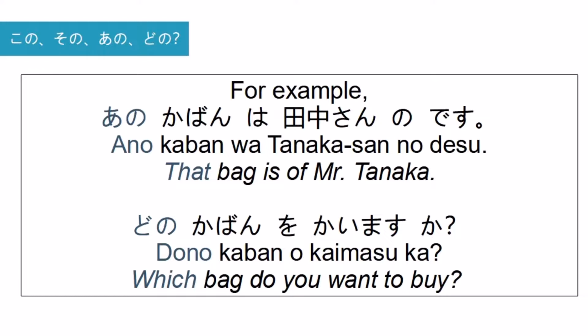Based on the distance we use ano, kono, sono. Here you see that right after ano or sono or kono, the noun is coming. Earlier in the kore sore series, kore wa noun desu was coming.